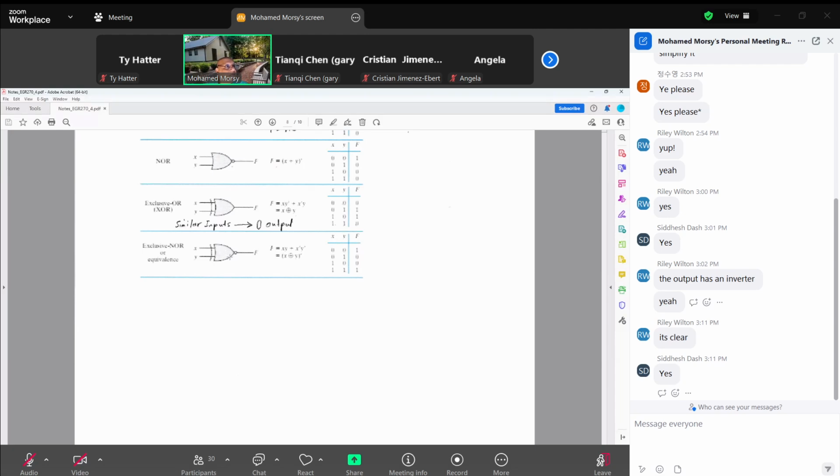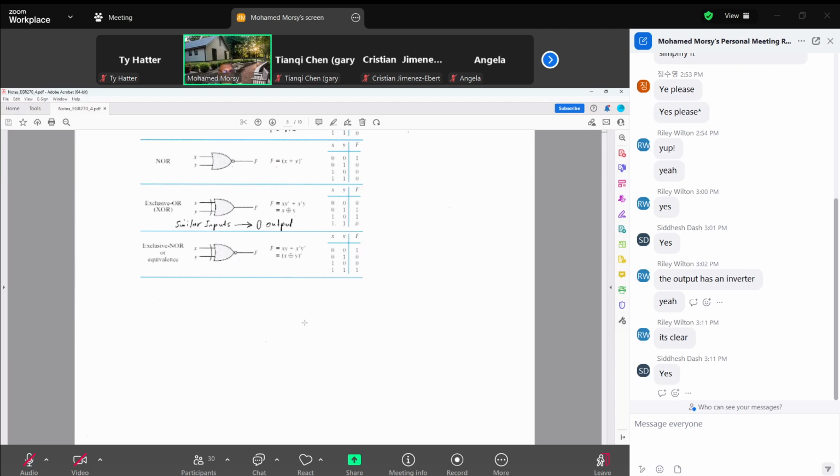For example, assume first exclusive OR: 0, 0 is 0, and then invert 0 to 1. So 0, 0 for exclusive OR is 0. For exclusive NOR, just invert the output to 1. Okay?